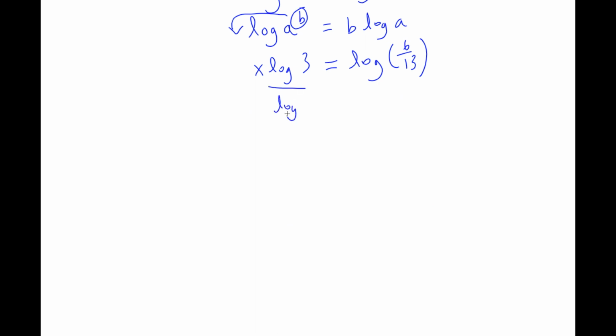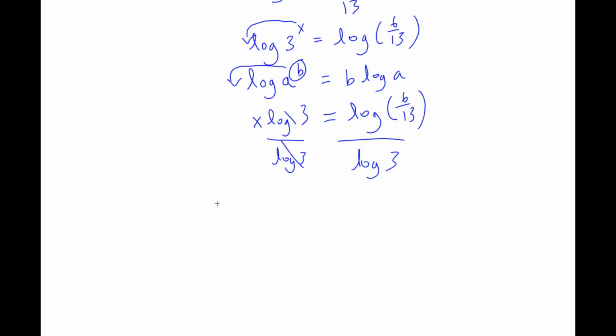Now I can divide both sides by log 3. So now I have x times log 3 over log 3. These two would cancel out, so I would have x is equal to log 6 over 13 divided by log 3.